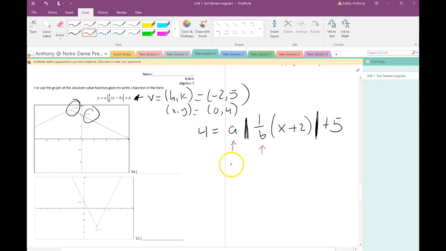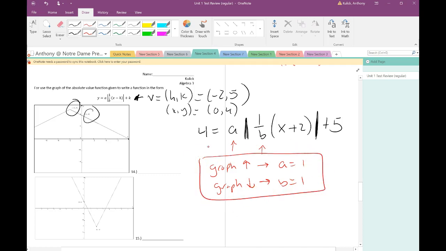My rule for which one to fix as 1 is: if the graph opens up, we'll make the A 1. And if the graph opens down, we're going to fix B to be 1. So in this case, my graph is opening down, so I'm going to choose B to be 1. So this part just basically drops out of there, right?